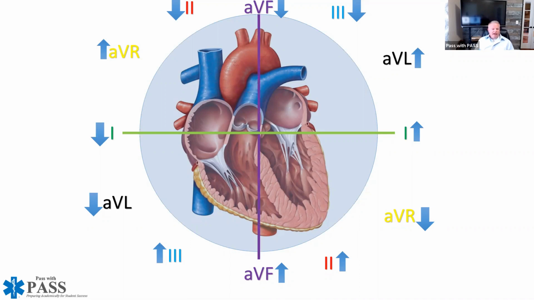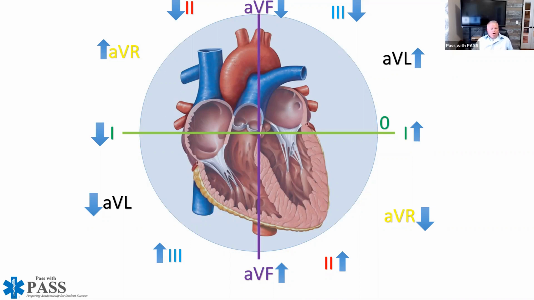And then AVF — I'm sorry, it's AVR that's negative. If you think about how your EKG printout is, it's lead 1, lead 2, and lead 3, and then AVR, AVL, and AVF. So AVF is the third one, or the bottom one, on the augmented voltage leads.